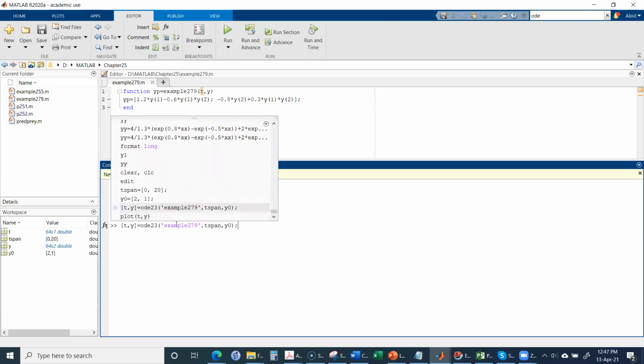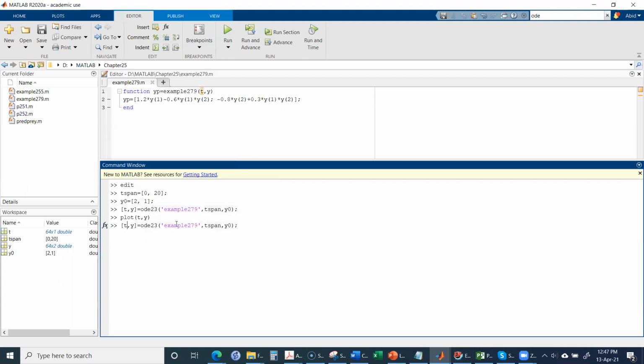So let's see, if we apply ODE solver 4, 5, what will be the solution? So I can represent it by TT, YY, and then use 4, 5 with example 279, and then I do it. So I got these values.